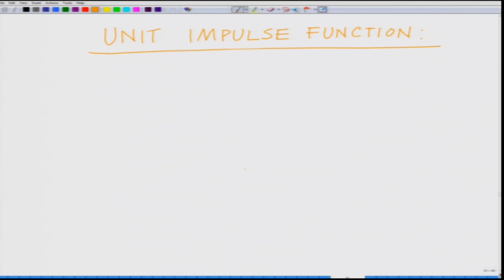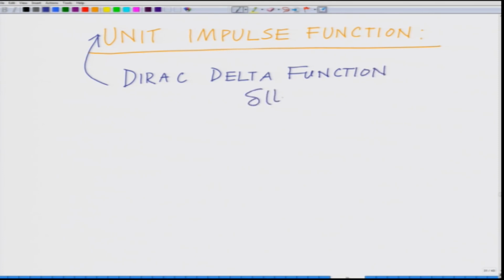Now, this unit impulse function is also known as the Dirac delta function, denoted by delta t.